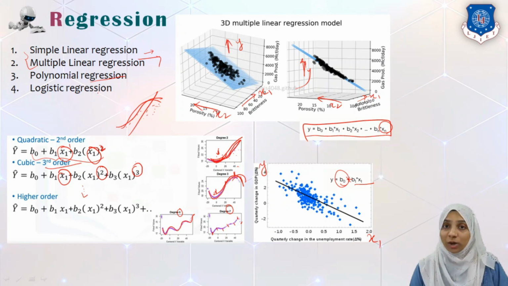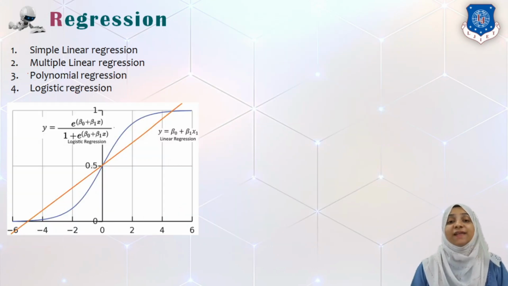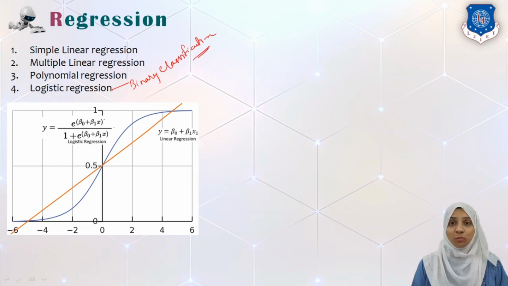Ultimately, we have one input variable, but that has to be fitted with respect to some degree of polynomial. Now moving forward, we have something called logistic regression. One thing must be clear: logistic regression is widely used for binary classification problems or dichotomous data output.